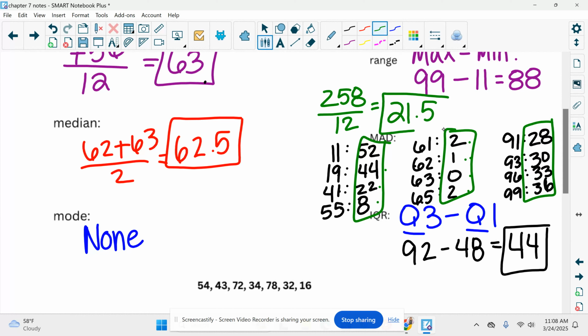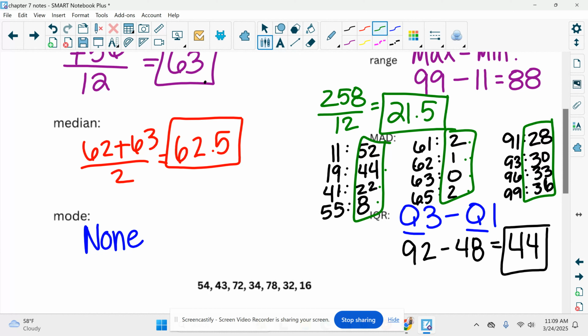21.5. What that means is that typically, going back to measures of center, each number is about 21.5 spaces away from the mean. Okay?